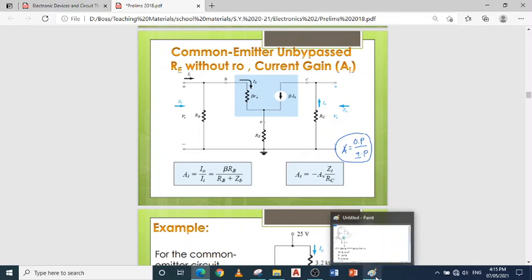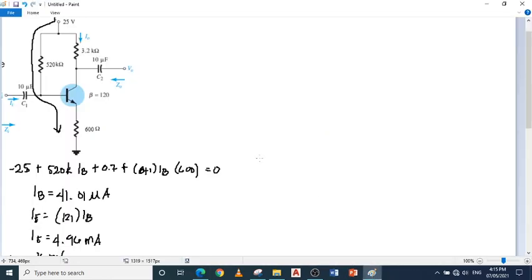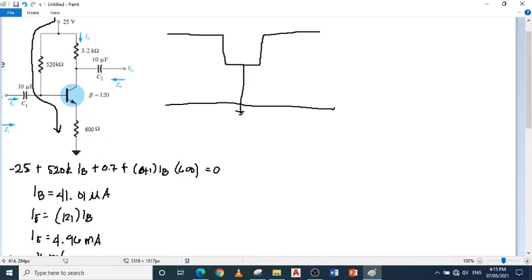So, kung i-redraw natin siya, i-draw lang natin, ha? Pasensya na yung drawing ko, ha?